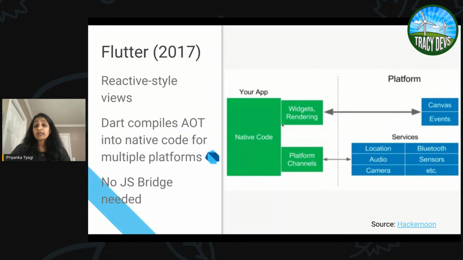Flutter comes with the widgets and rendering solutions to interact with the Canvas and events. And it uses something called platform channels to interact with platform services like location, audio, and Bluetooth. And there is no JS bridge, so there is no context switching of any kind.